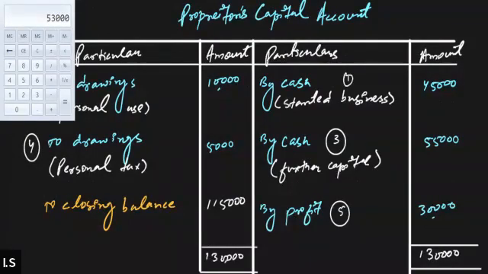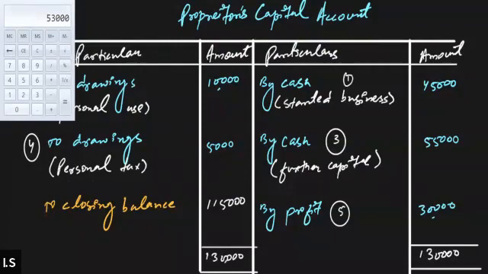Now let's do one more question quickly. Sir, I have a doubt. Yes, please. Should we mention the purpose also, like for by cash you've written started a business? No. I've just mentioned it for the purpose of clarity, so that a student can understand it in a better manner.